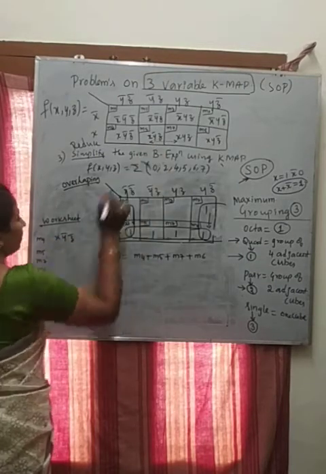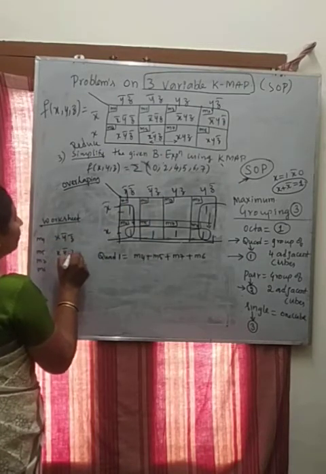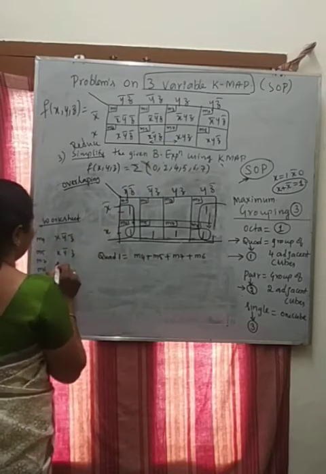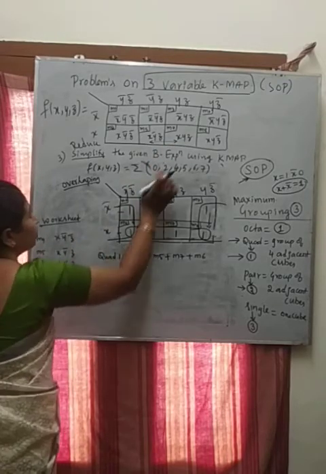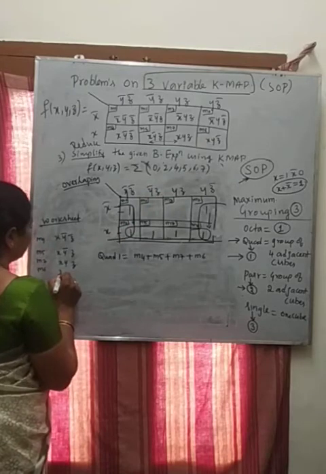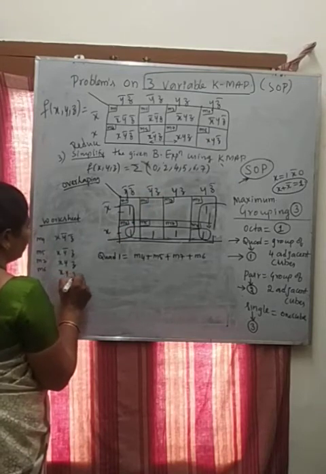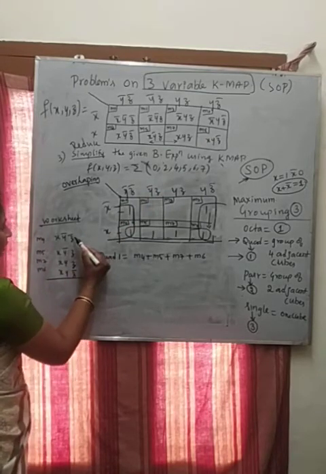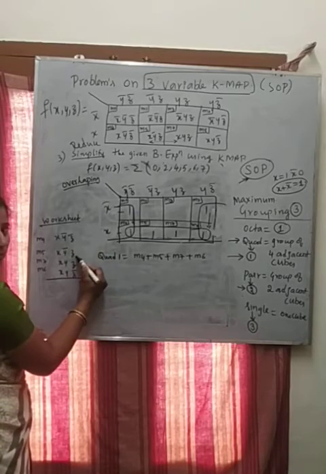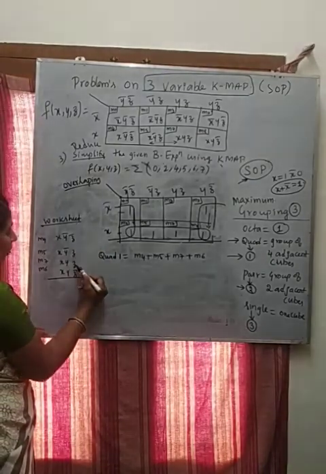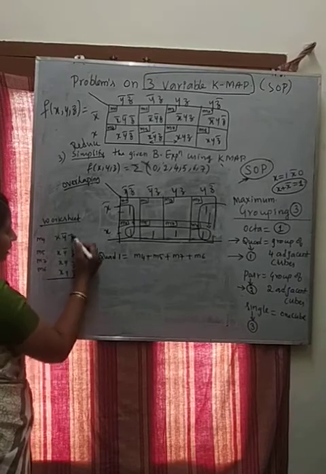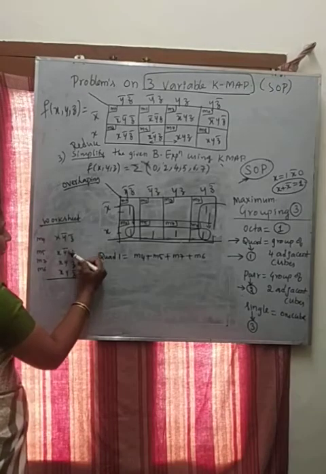What is M5? X, Y complement, Z. What is M7? X, Y, Z. What is M6? X, Y, Z complement. See here. One opposite term, one normal variable. One normal variable, one opposite. This gets cancelled. Y bar, Y bar, Y, Y.